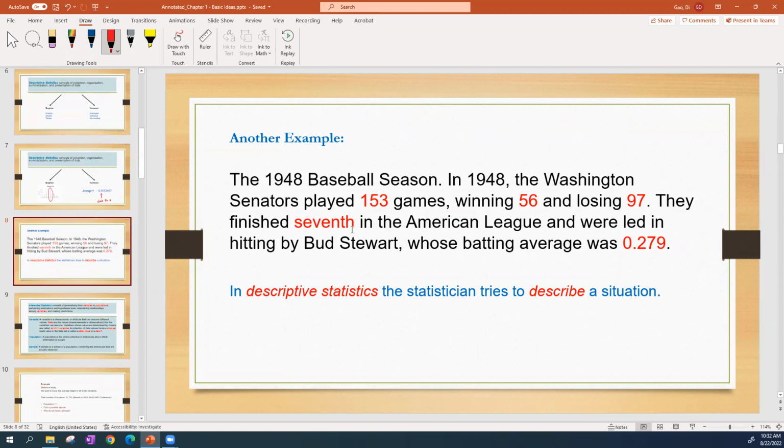They finished 7th in the American League and were led in hitting by Bud Stewart, whose batting average was 0.279. So for all those numbers, we try to describe a situation. And again, in descriptive statistics, the statistician tries to describe a situation.